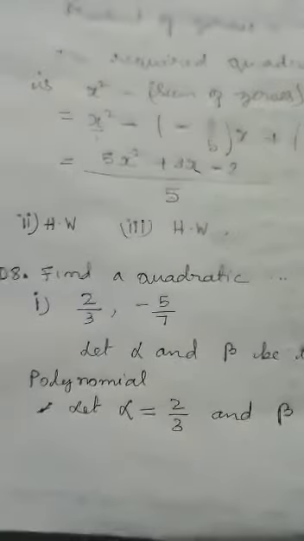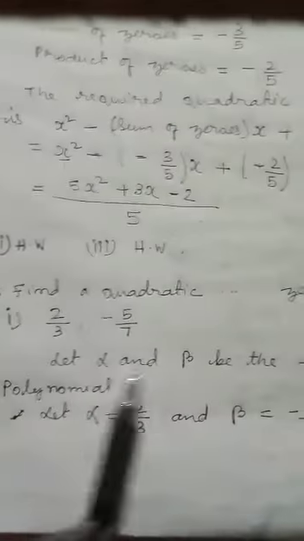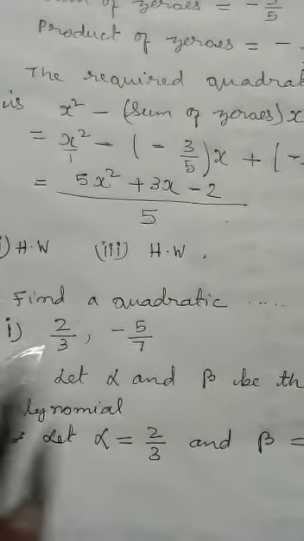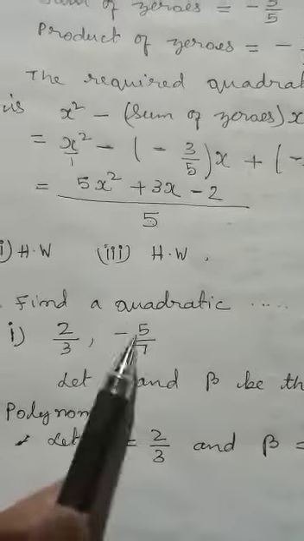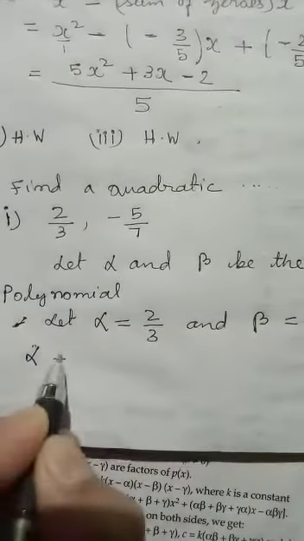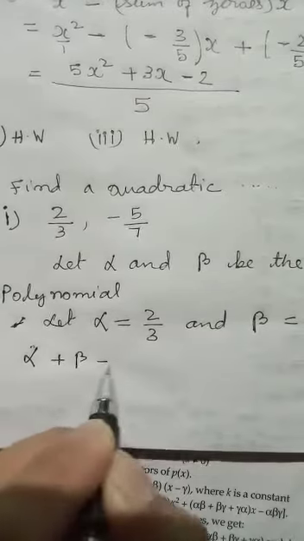Because we don't know the zeros, we take alpha and beta to be the zeros of the polynomial. Then we take the first number to be alpha, the second one to be beta. Now remember, we have to find the sum and the product. Sum means plus, alpha plus beta.